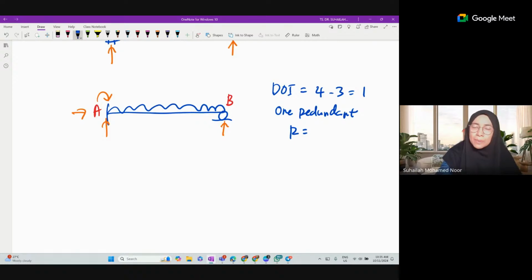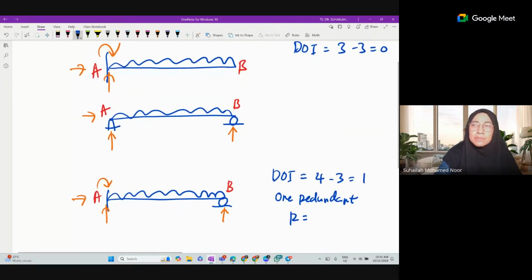There are two possibilities of redundant here because there are two types of determinate beam. The first type is cantilever beam, the second type is simply supported beam. Because the idea is after removing the redundant, we will get either a cantilever beam or a simply supported beam.